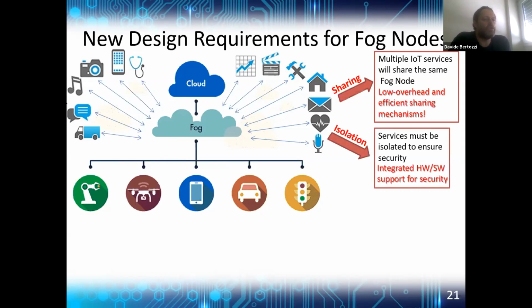Moreover, security is an important requirement in an IoT environment. So you need to make sure that the aggregated services, the aggregated applications that are running on your fog node, are actually isolated with respect to one another. And therefore, you need to implement integrated hardware-software support for security.